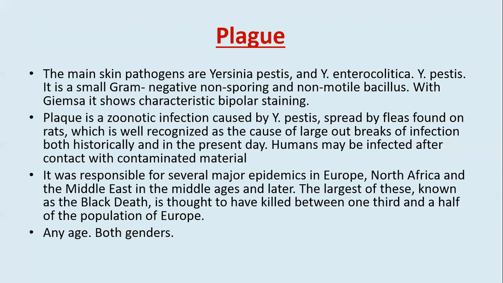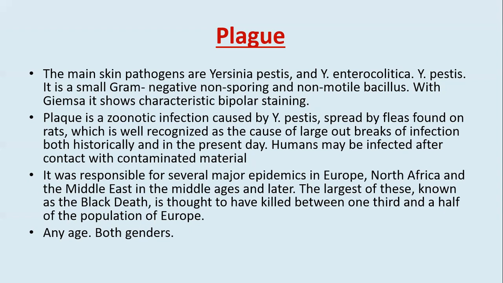Plague is a zoonotic infection caused by Yersinia pestis and spread by fleas found on rats, and is well recognized as a cause of large outbreaks of infection both historically and in the present day. Humans may be infected after contact with contaminated material.